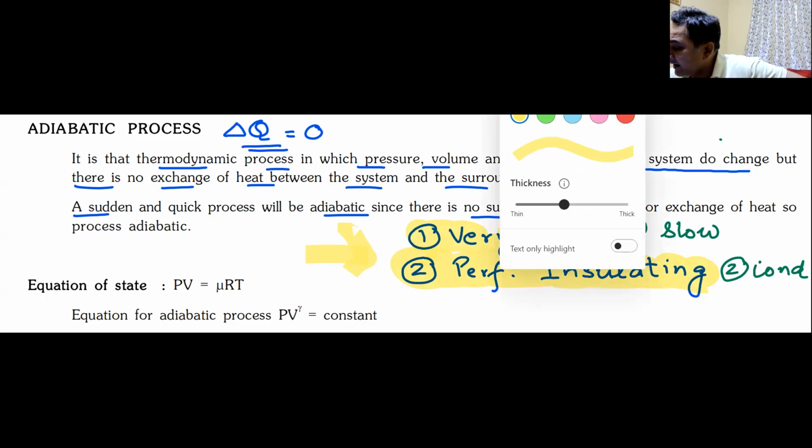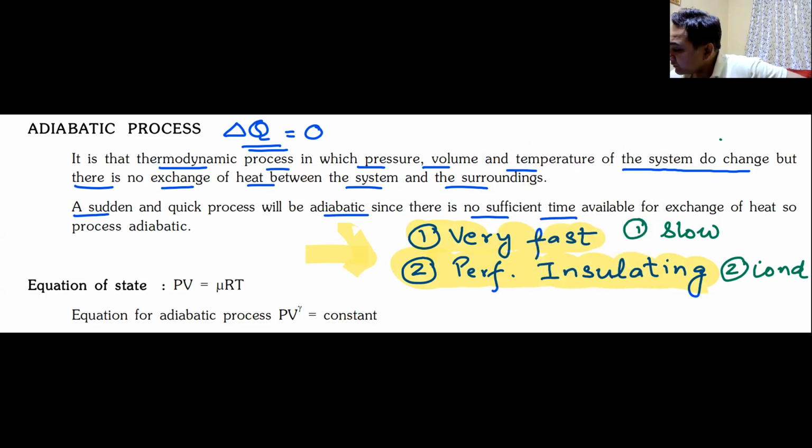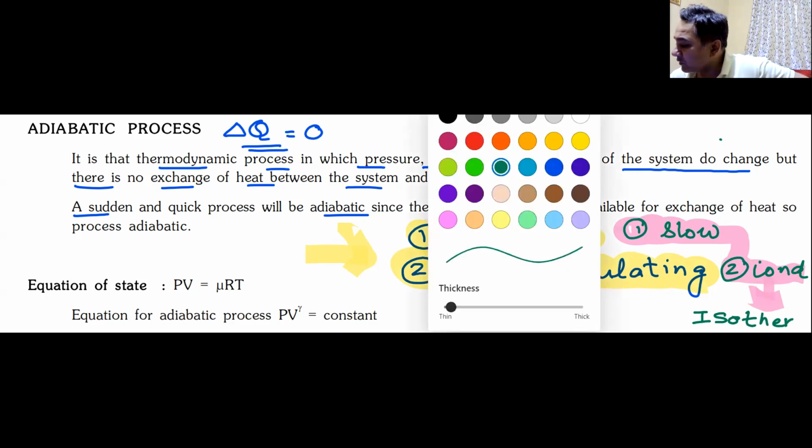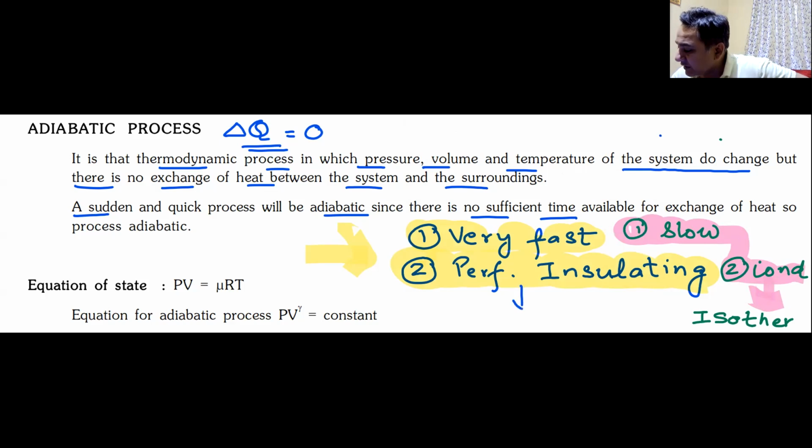Now I will highlight this with the pink ink. These pink ink conditions were the conditions for an isothermal process. Do we remember this? And this yellow condition is the condition for an adiabatic process.